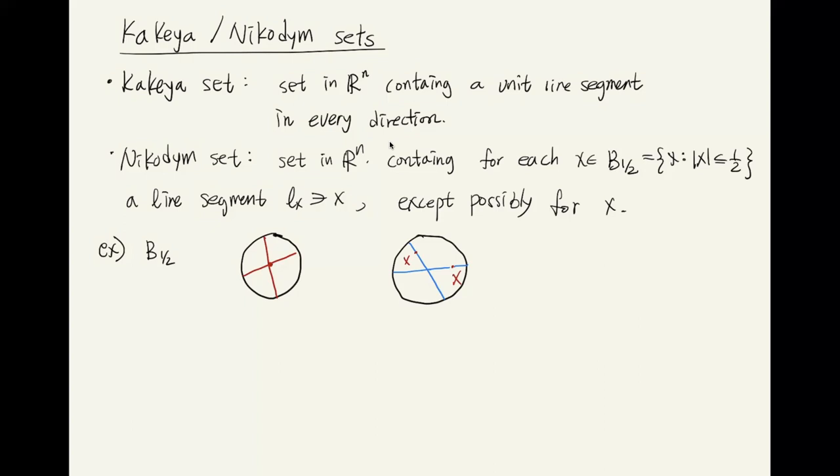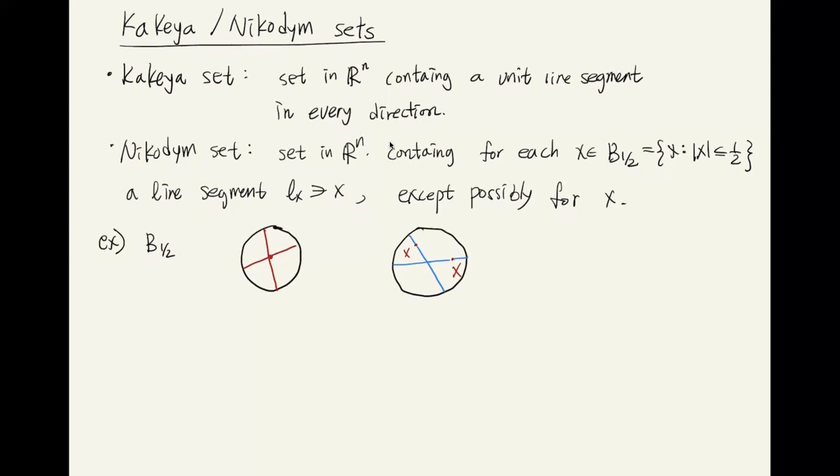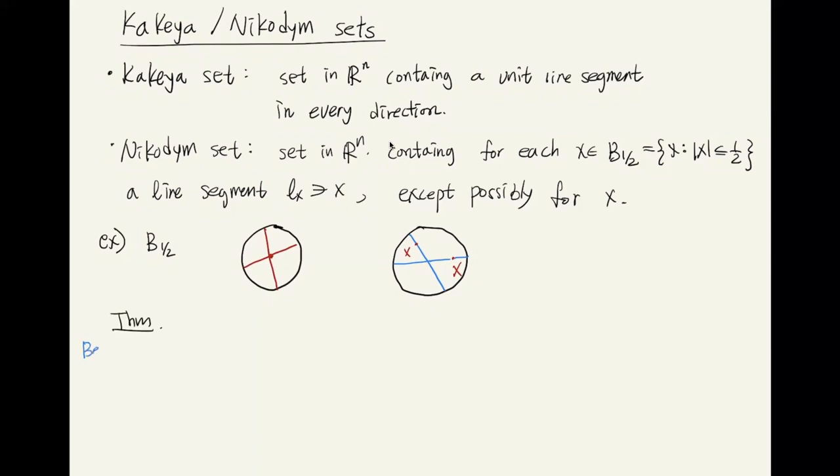So the main question is, how small can those sets be? Some surprising results due to Besicovitch and Nikodym is that there are Kakeya sets or Nikodym sets of zero Lebesgue measure.